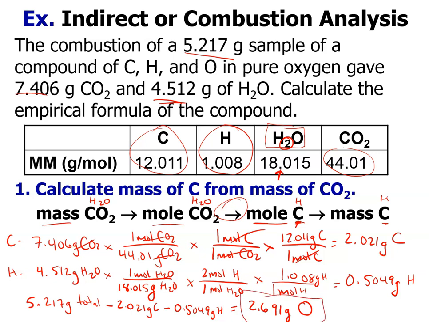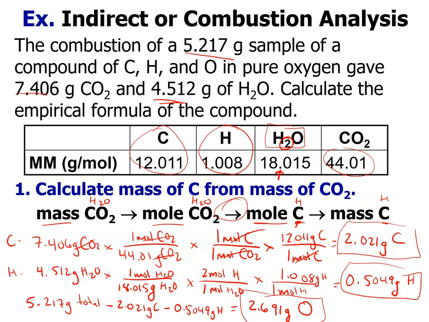So that is how we set up that first part to determine the mass. So this is the indirect analysis. Now we go from percent to mass, mass to moles, divide by small and multiply till whole.